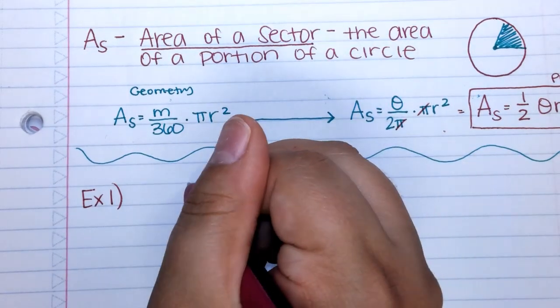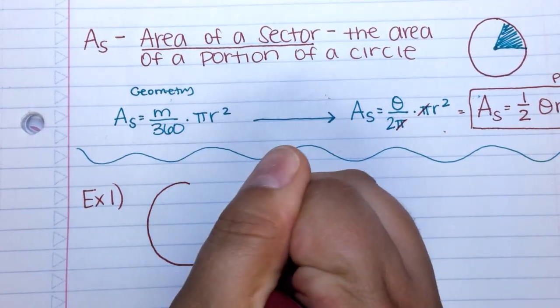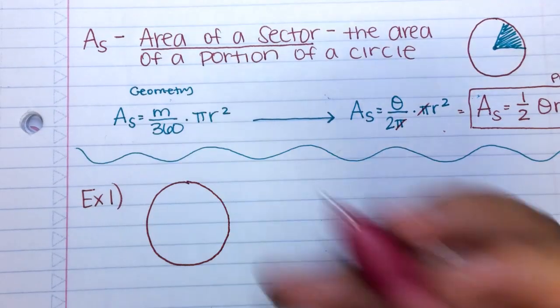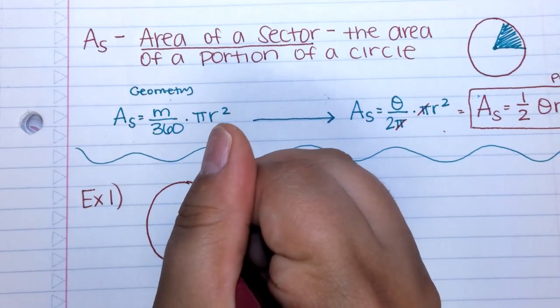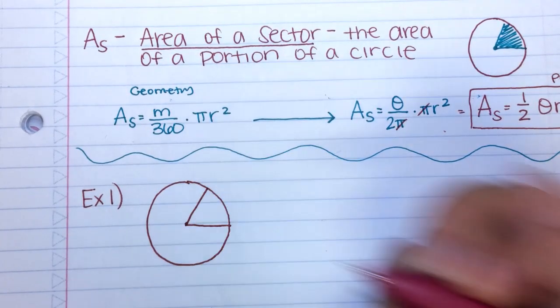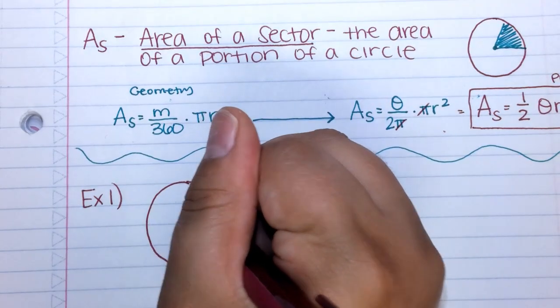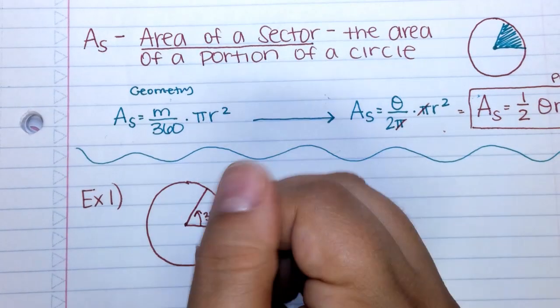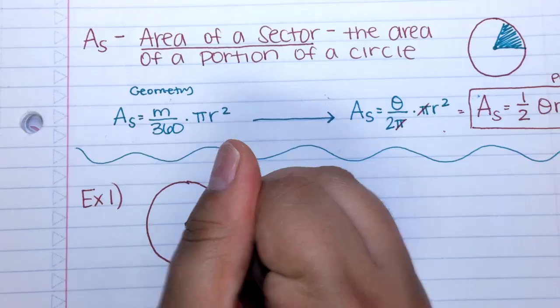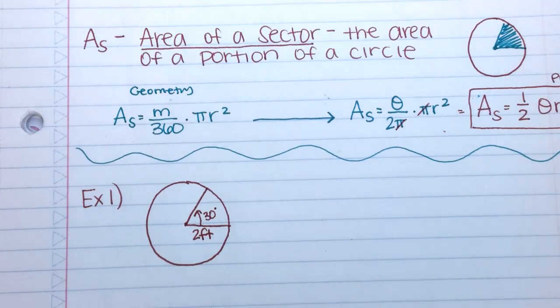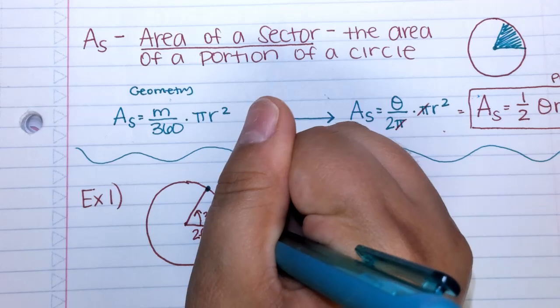If I have a circle with an angle of 30 degrees and a radius of 2 feet, I want to know the arc length and the area of that sector.